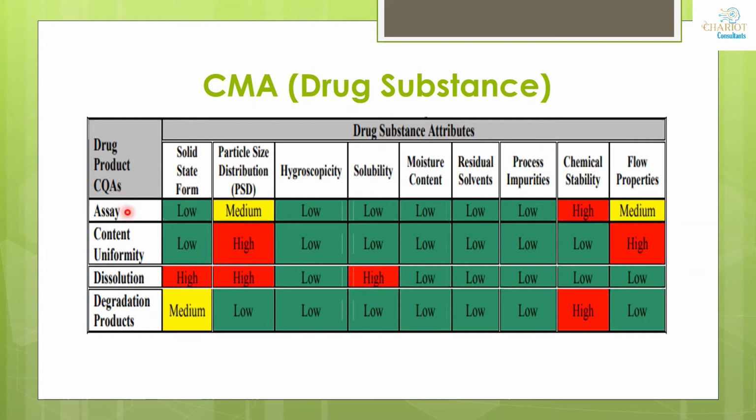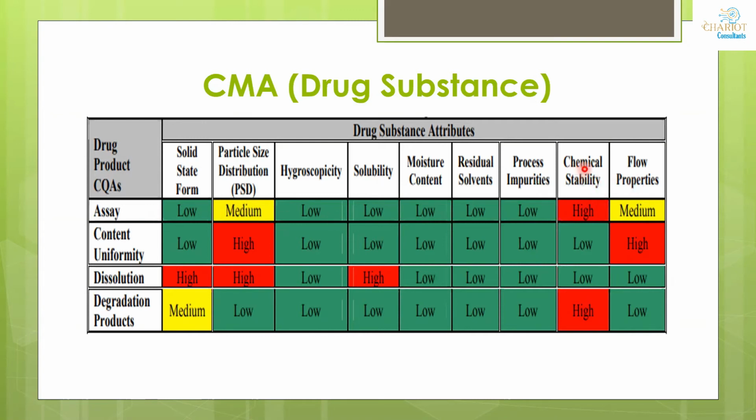For example, for assay, if your particle size distribution is not proper, it can impact your assay values. How? If the particles are very coarse and bigger in size, they will not distribute properly in your blend or drug product, so you will have variations in assay values. That is why, based on FMEA, we identified it as a medium risk.